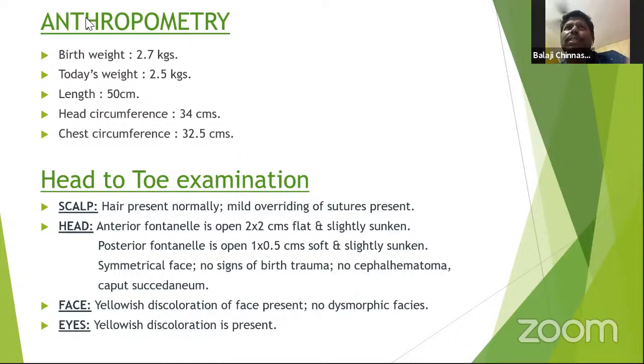It's subperiosteal, so it doesn't cross the sutural lines. Succedaneum is a diffuse edema, so it crosses the sutural lines, and it subsides very fast. But cephalohematoma might take even 1 month for the hematoma to subside, and it is an important cause for neonatal jaundice. For your case, you are having jaundice, so you have to ask.